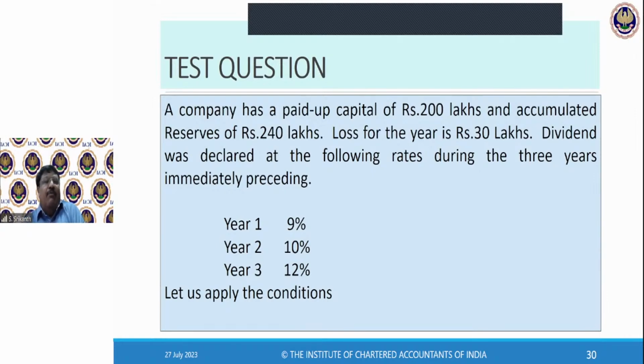It has a paid up capital of 200 lakhs and reserves of 240 lakhs. In the earlier 3 years, they have declared dividends of 9, 10, 12. Now, apply these conditions and tell me what is the rate at which dividend can be declared for the current year.